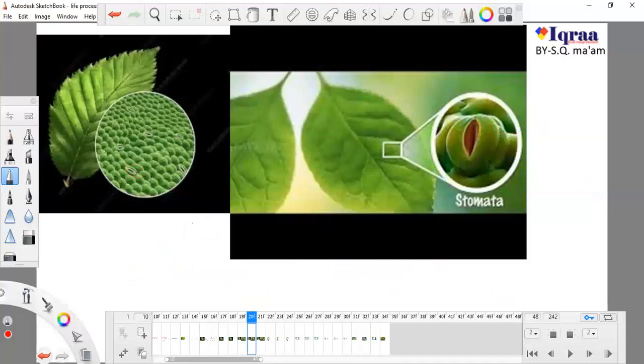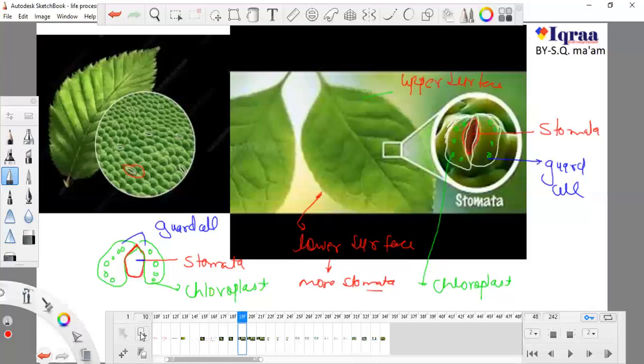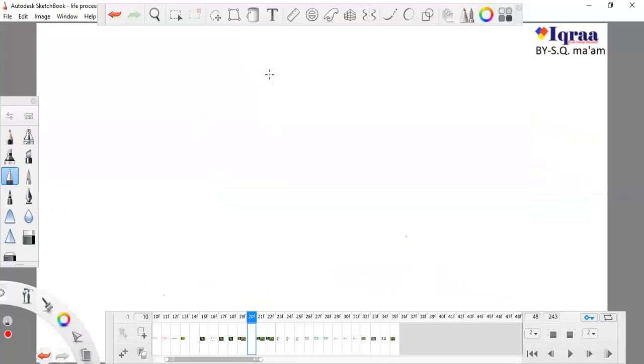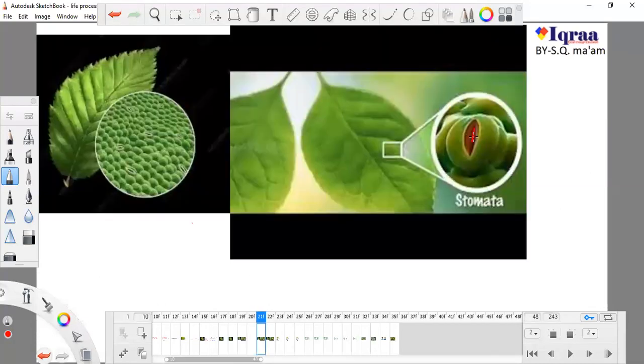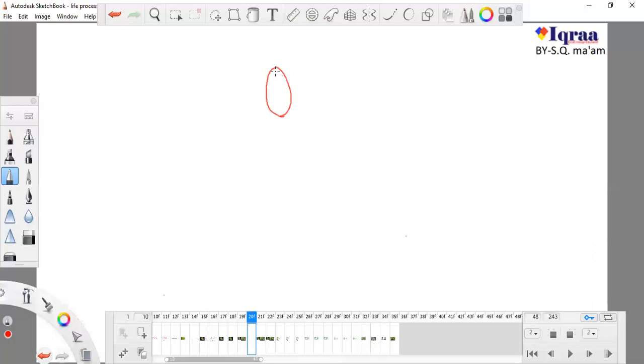Okay, so this is our stomata. Now I'm drawing a stomata in a larger way. This is the stomata and this is the aperture. This is the opening, you can easily see it. This is also known as the stomatal aperture, and it is surrounded by two guard cells.